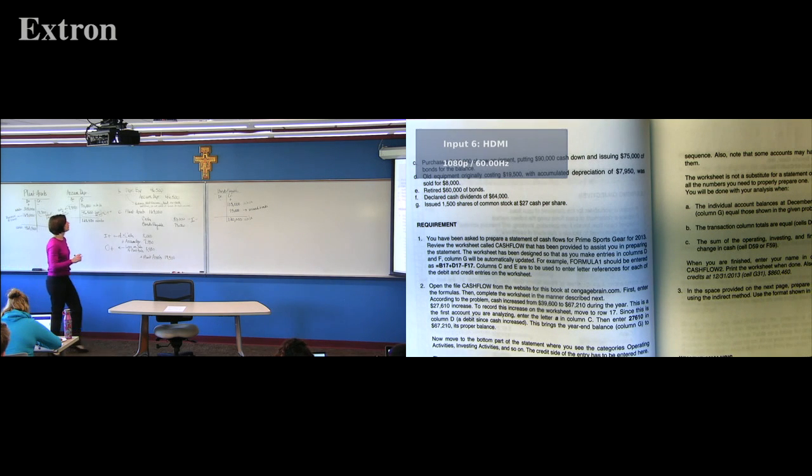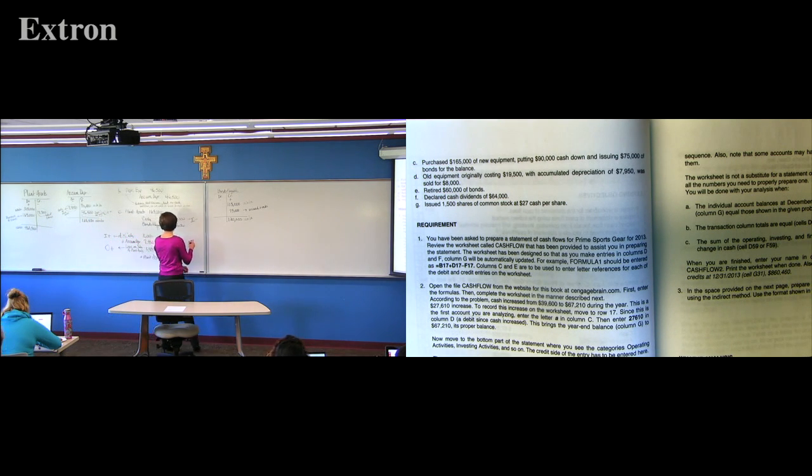Where am I at here? Okay, letter E, right? Retired $60,000 of bonds. Does anybody know what that means? Bond is like a debt, right? Or it's not like a debt, it is a debt.